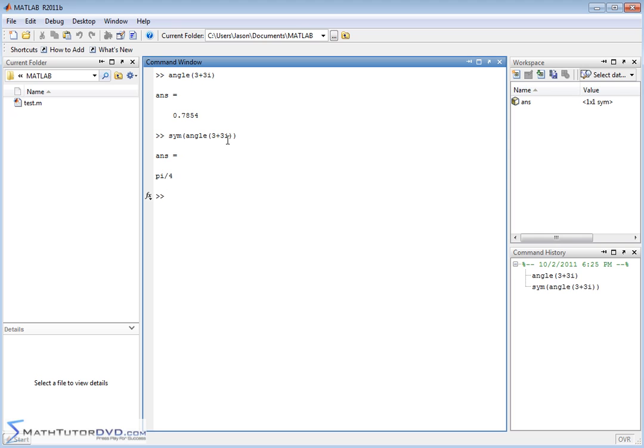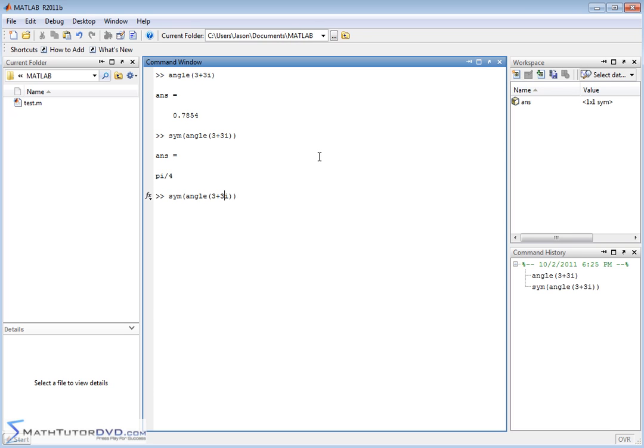Again, the answer's in radians, because MATLAB always deals in radians, but it keeps the answer symbolic. In other words, exact. 0.7854, even though it's good enough for most uses, is not exact. It's a numeric approximation. Pi has infinite decimal places. The division by 4 means you get another number with infinite decimals. So it's trying to keep it exact.